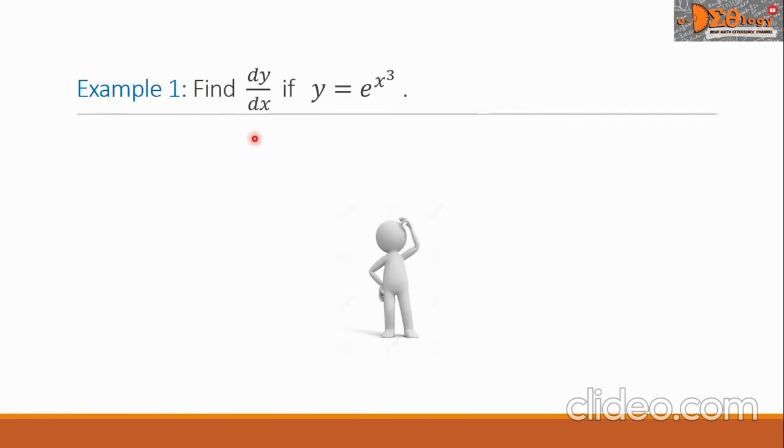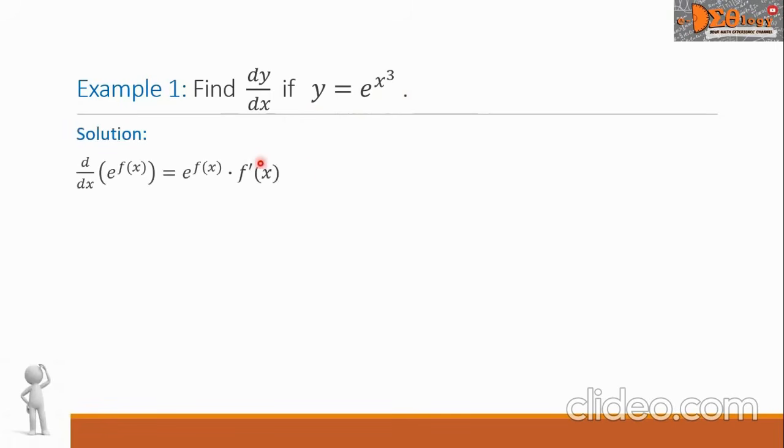Find dy over dx if y equals e raised to the function x cubed. For our solution, we write the general equation for the exponential function where base is e. This is our formula. Now, let us write the derivative like this.